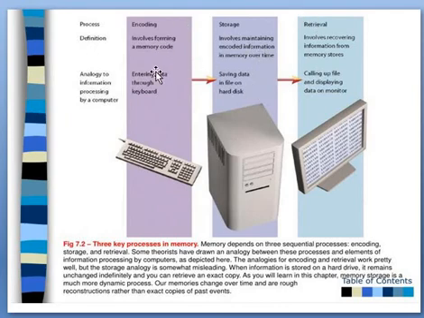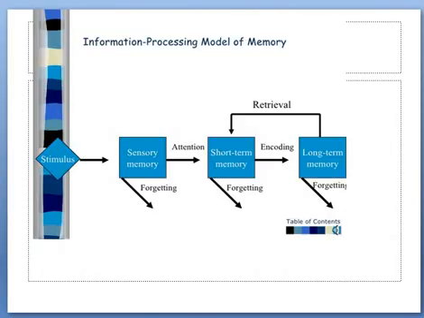Encoding involves forming a memory code, storage involves maintaining encoded information, and retrieval involves recovering information from memory stores. Here is the stage model of memory: stimulus, sensory memory, short-term memory, then it goes to long-term memory. This is the stage model of Atkinson and Shiffrin.